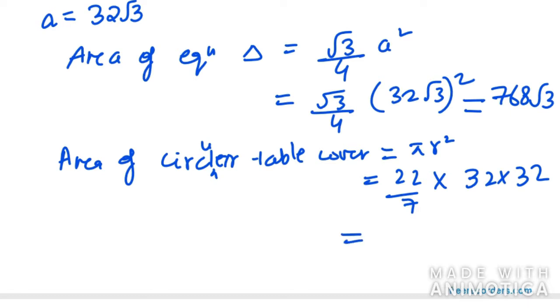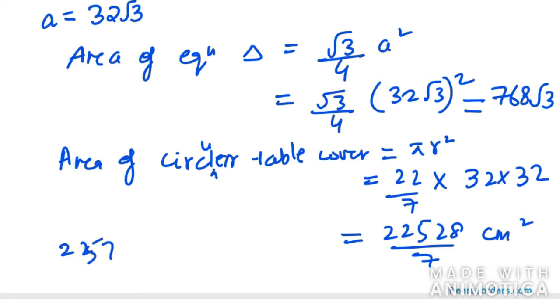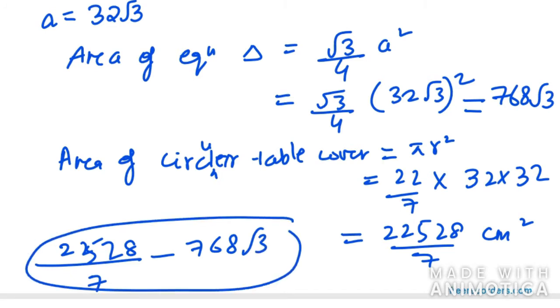So the final answer for this is 22,528/7 centimeter square. Now you need to take away the area of the equilateral triangle from this value. So it will be 22,528/7 minus 768 under root 3 centimeter square.